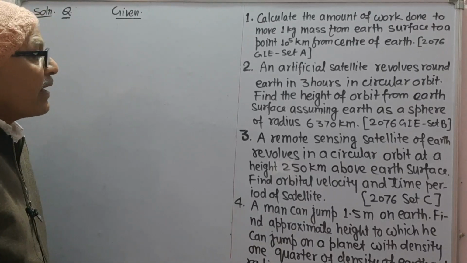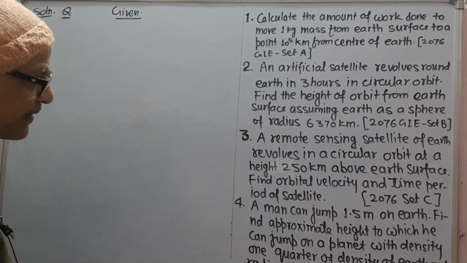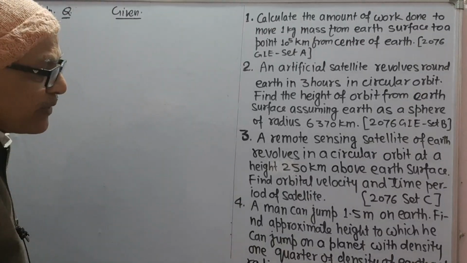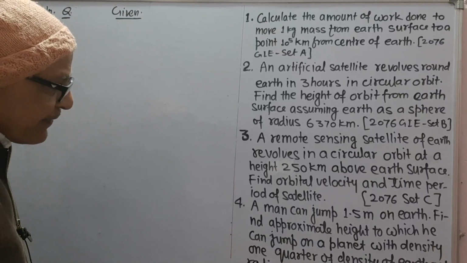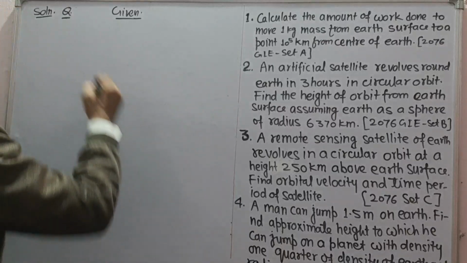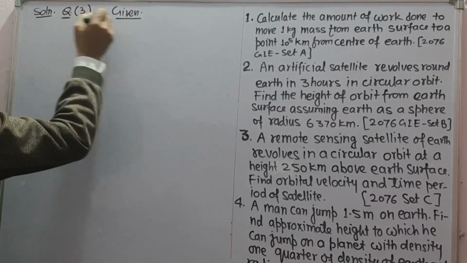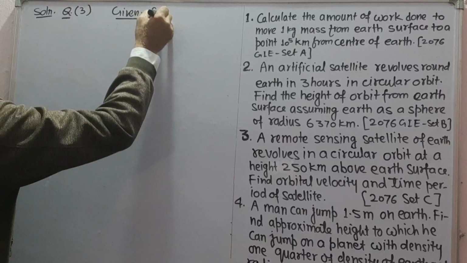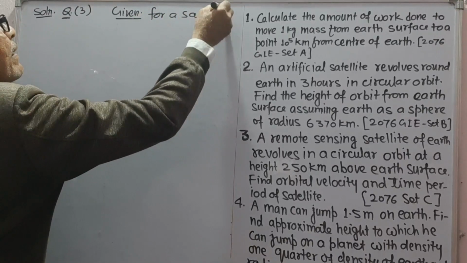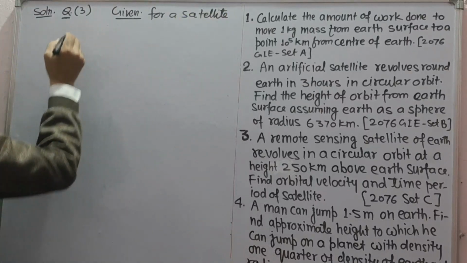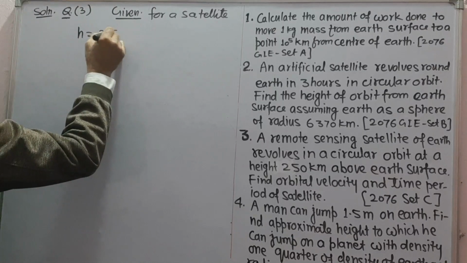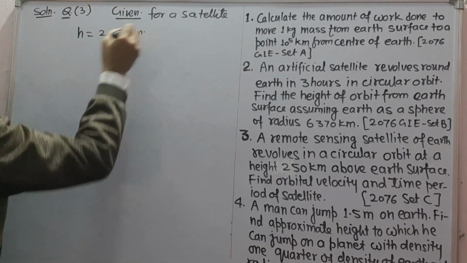The question is, a remote sensing satellite of Earth revolves in circular orbit at a height 250 km above Earth's surface. Find orbital velocity and time period of satellite. So, solution to question 3: given for a satellite, height from Earth's surface is 250 km.